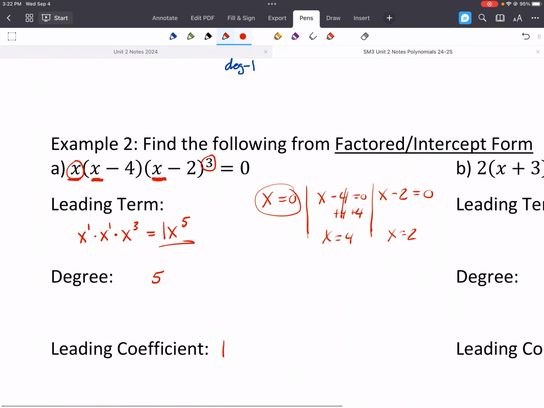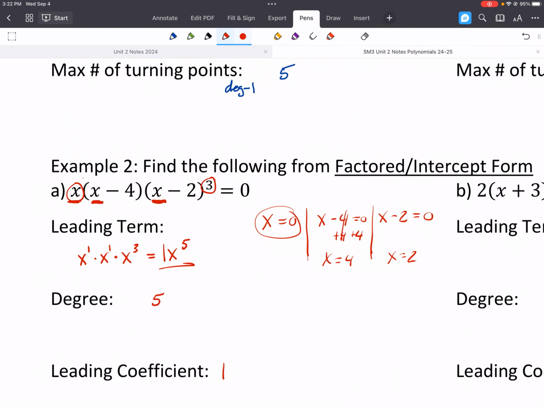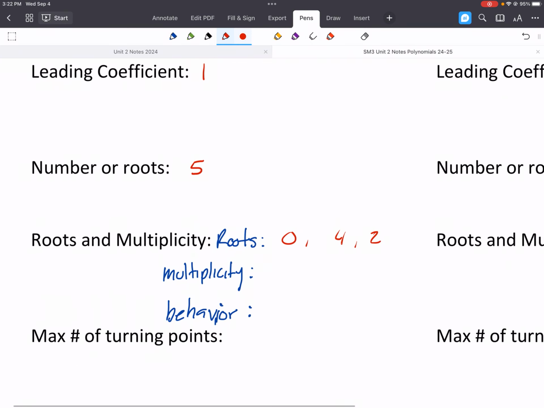Now we need to write down the multiplicities. So if we look at this, for the first factor it would be 1. For this one, we'd have a multiplicity of 1, and for the last a multiplicity of 3. So it would be 1, 1, and 3.